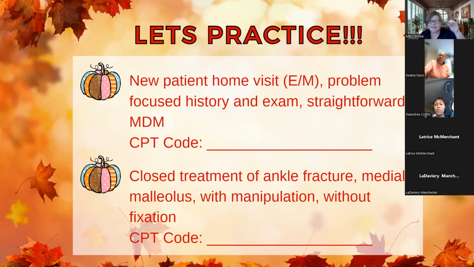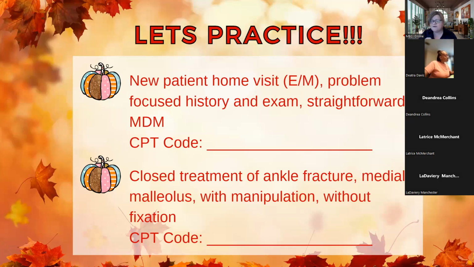The more complex, the more that's wrong with that patient, the longer they have to spend with that patient, the higher level code you're going to use. The more complex the problem, the higher level code. The more history or records you have to look over for that patient, the higher level code. The reason for that is we want that doctor to be compensated for all of the time they spend with that patient.